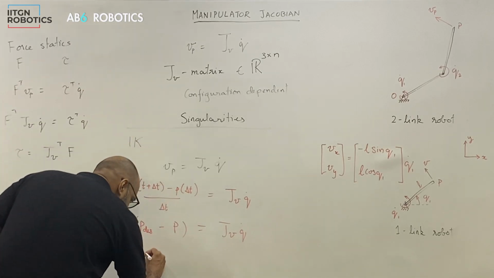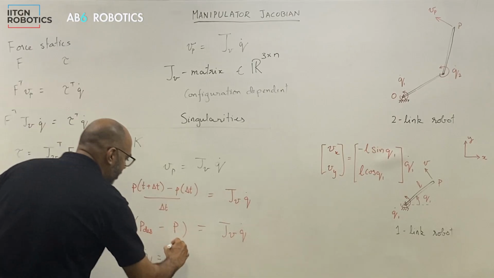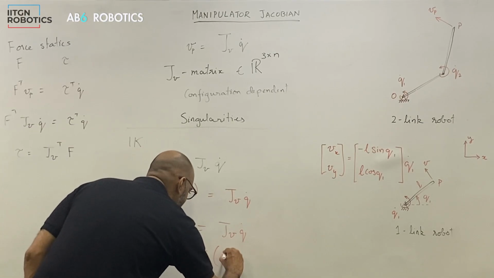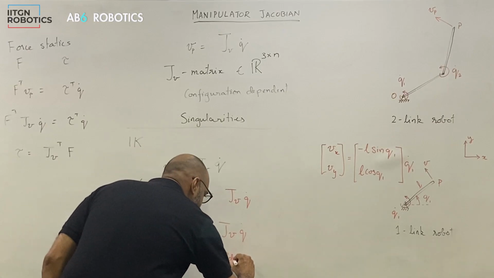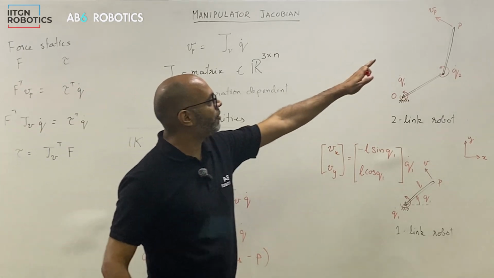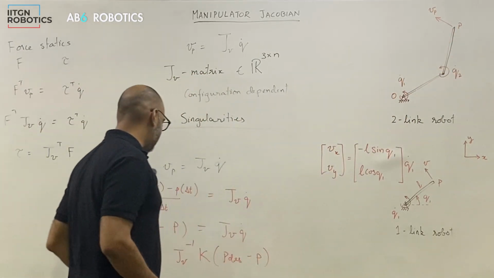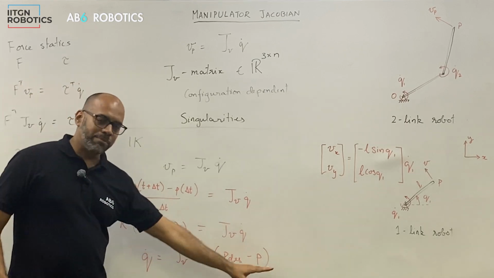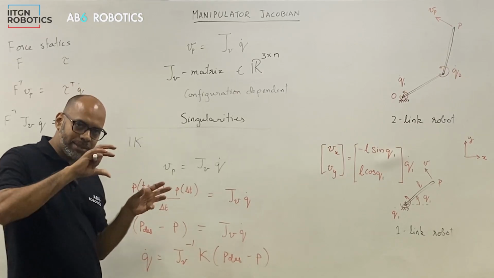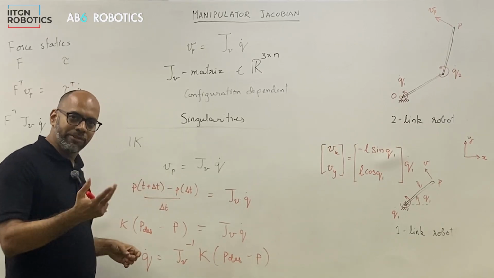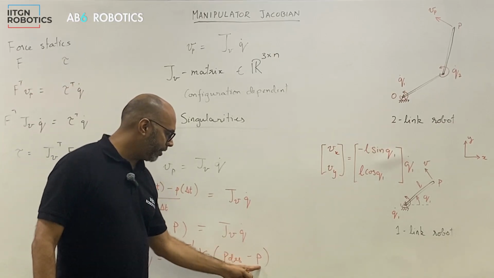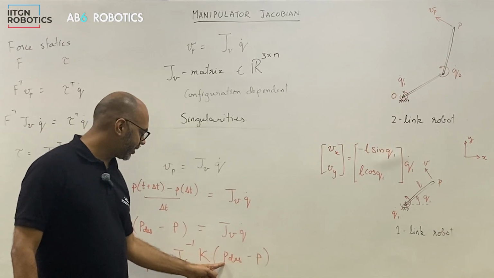If I just move things around, I will write q dot is equal to Jv inverse times K times P desired minus the actual current position. Now, these are end effector position coordinates, P, right? This gives me a simple approach to figure out how I should move the joints. So, q dot tells me how much I should rotate the motors, or the angular velocity commands at the joints, to help my end effector reach my desired position.